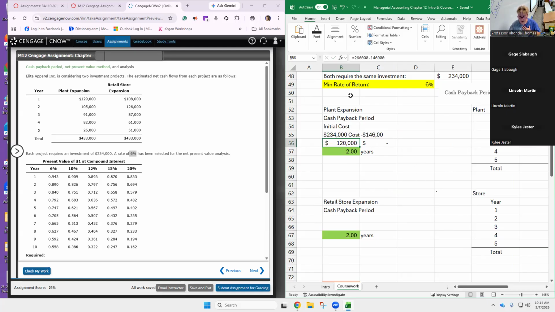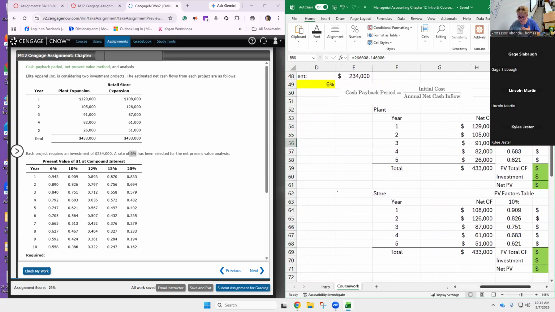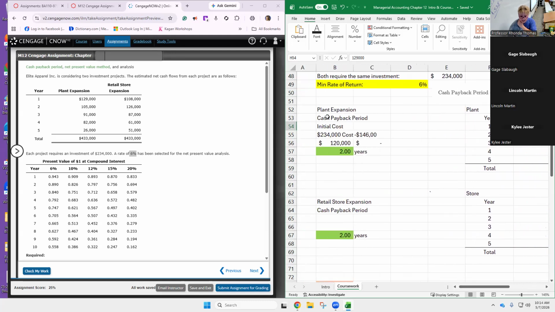And when I look over here, my first year of my cash flow is 129,000. So I'm going to change how this looks. I'm going to make this equal my cost right below that. And then I'm going to subtract the first year. Okay. I'm going to subtract every year I need until I've paid myself back.